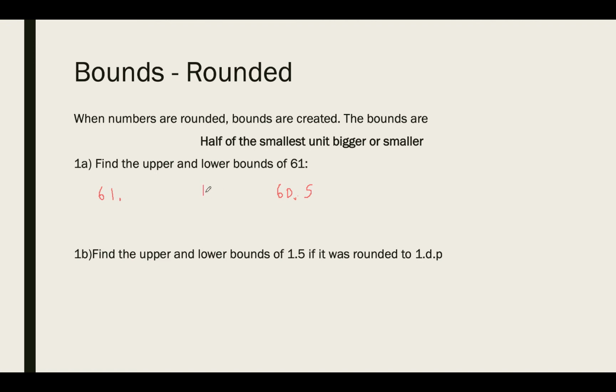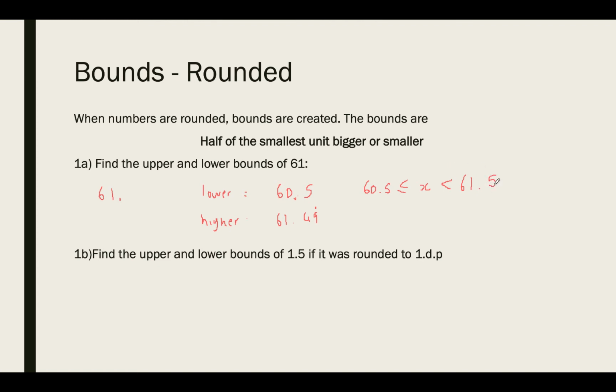So that would be our lower bound. And the higher bound would in fact be 61.49 recurring. So this range could be defined as, we could put x in the middle, x is greater than or equal to 60.5, and then it is less than 61.5.